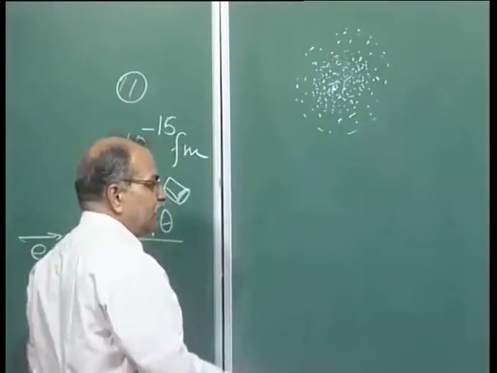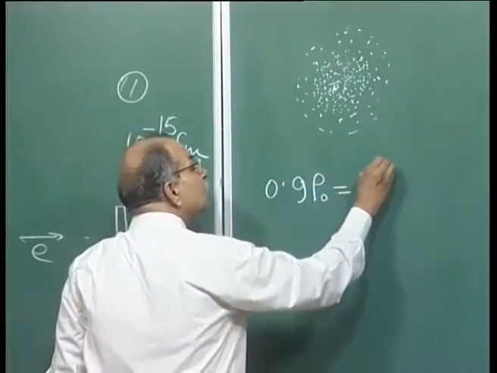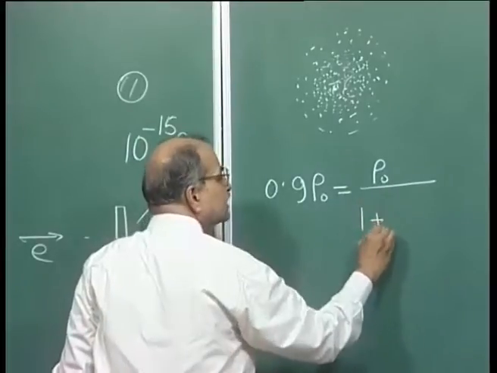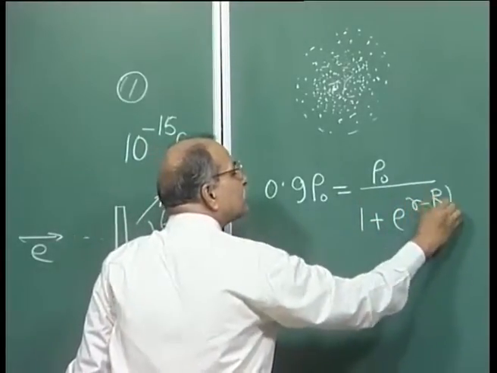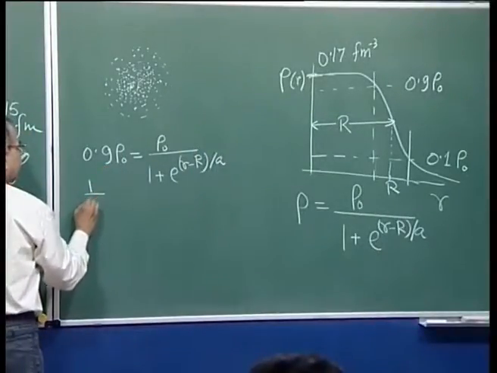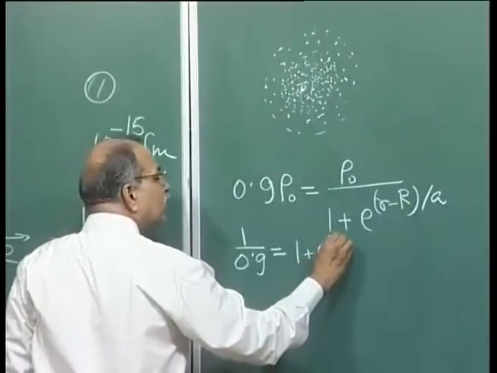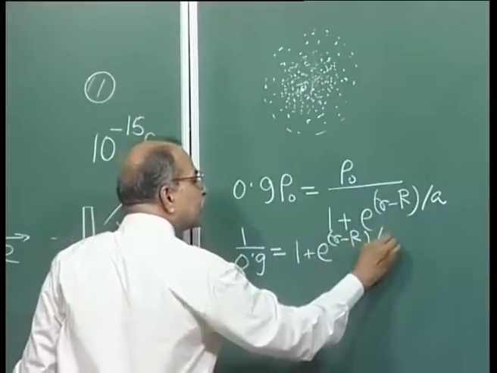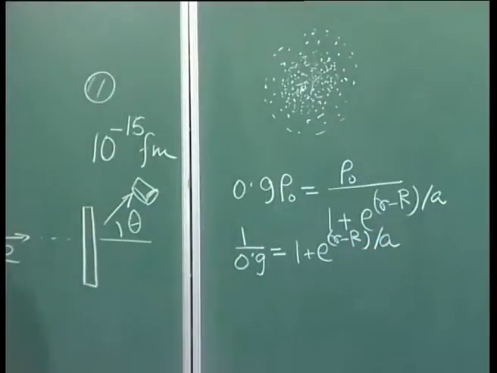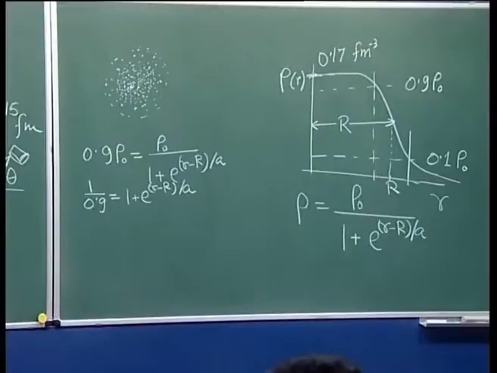One can make an easy calculation. 0.9 rho naught should be equal to rho naught divided by 1 plus e to the power (r minus capital R) by A. So, 1 by 0.9 is equal to 1 plus e to the power (r minus capital R) by A. How much is 1 by 0.9? Quick answer, 1.1.